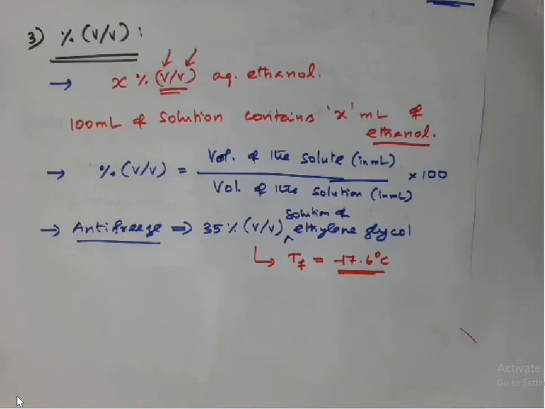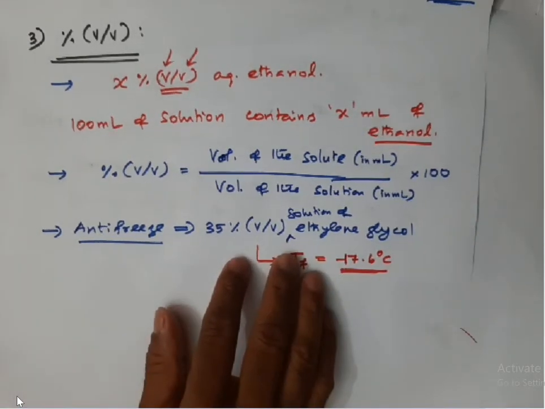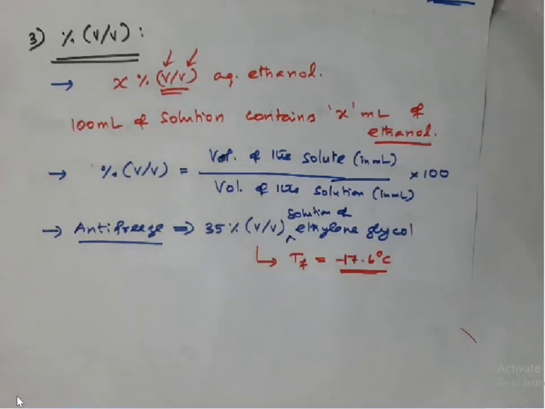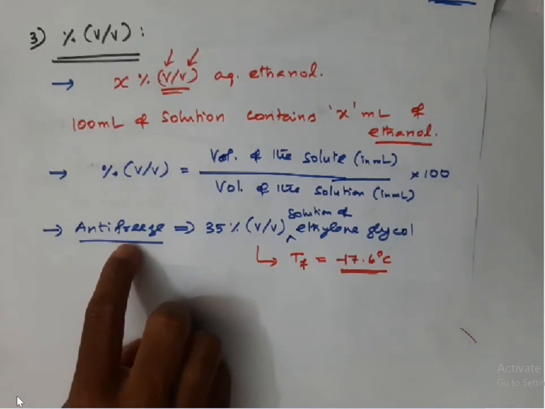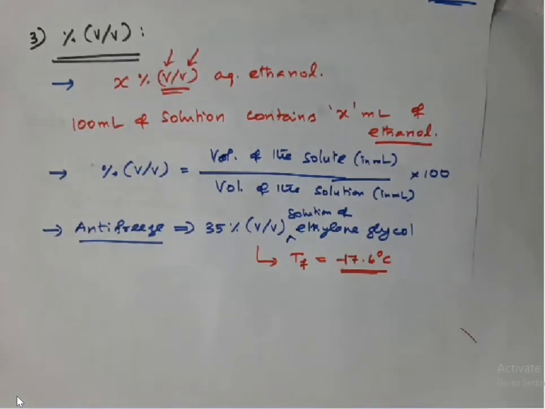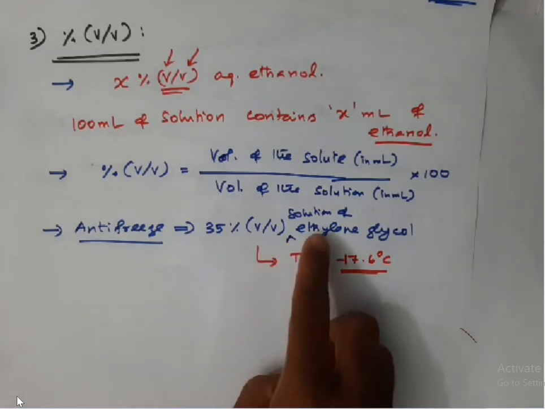Now listen, what will happen in winter seasons? The temperature will usually go below 0 degree in some countries. If it goes below 0 degree, then the mixture present in the battery will freeze. If it freezes, you cannot drive the car. You should not allow the mixture to freeze. Therefore, they add this antifreeze to the solution, a 35% solution of ethylene glycol.